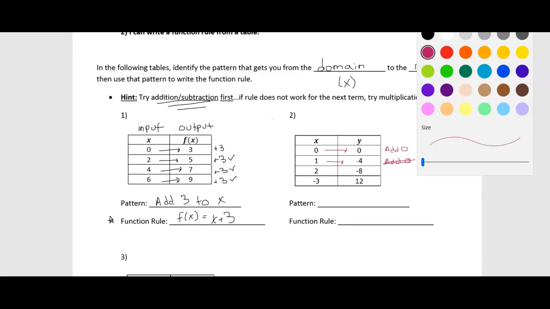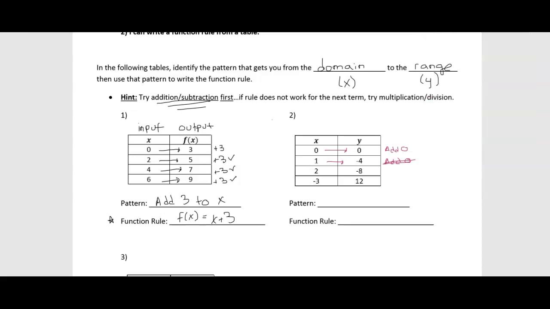So let's just try, I'm going to use this color. Back up here, I'm going to start with things that actually have numbers, because zeros are hard to decide what the rule would actually be. So I'm going to look again, but now I'm going to look at multiplying. So how do I get from 1 to negative 4? Well, you multiply times negative 4, okay? Check it.